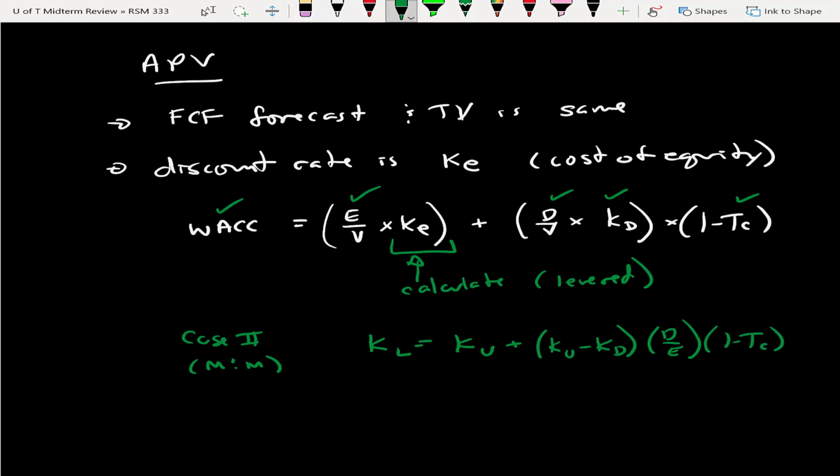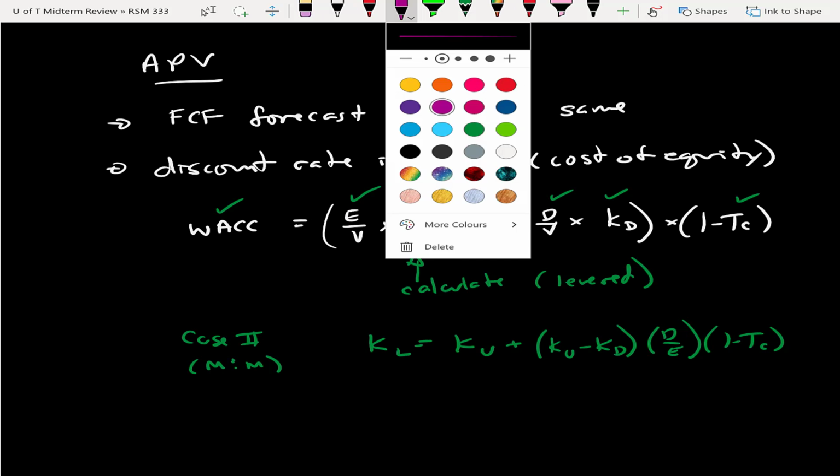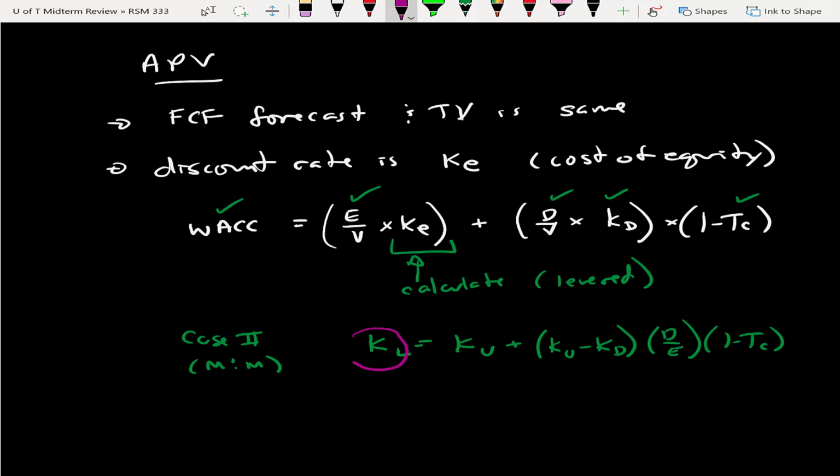Okay. And if you do that, then essentially what you've done is you've calculated this cost of equity that you're going to use as your discount rate. So everything stays the same: forecast, discount it back using this cost of levered equity, and then the terminal value, discount that back using the cost of levered equity as well.